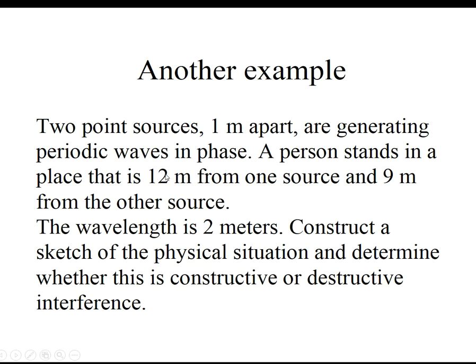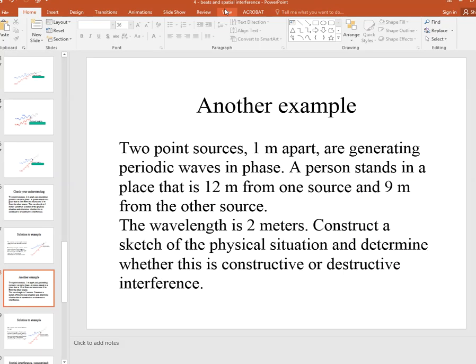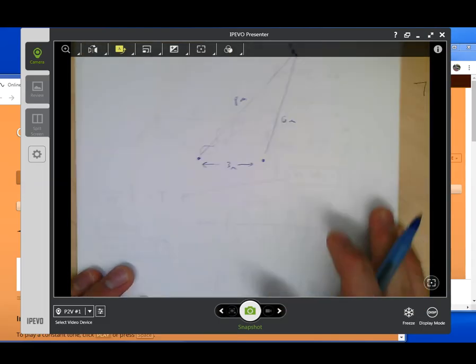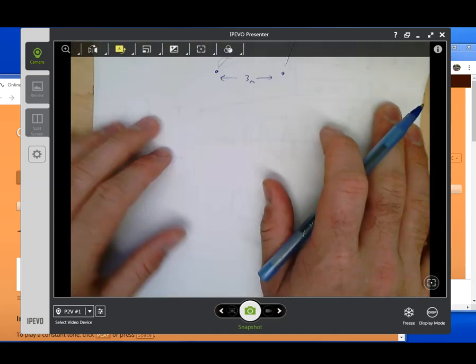The meat of it is that we have to figure out what the difference is in path lengths compared with the wavelength. So let's make a sketch of the physical situation, and then determine whether it's constructive or destructive.